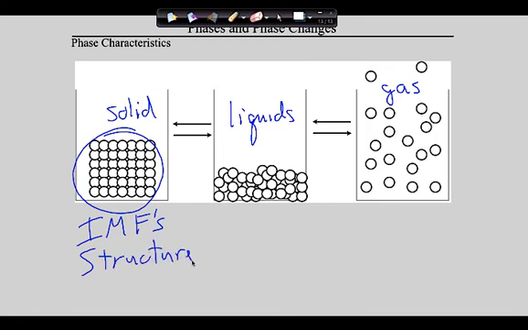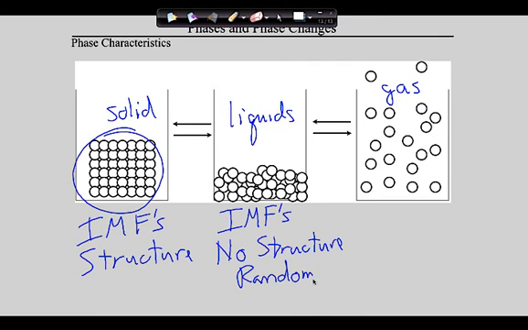They're locked in place and they're very well structured. Looking at liquids, these too have intermolecular forces, but you'll notice that they do not have structure. Instead, their positions are random and these molecules are moving all over the place. And then finally in the gases, these things do not have intermolecular forces, and consequently their locations and behavior are even more random.